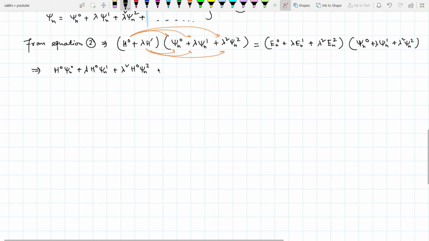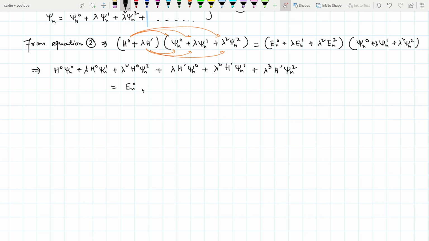Now lambda H dash psi n0 plus lambda square H dash psi n1 plus lambda cube H dash psi n2. After that I am changing the line, then that will be very good for me.